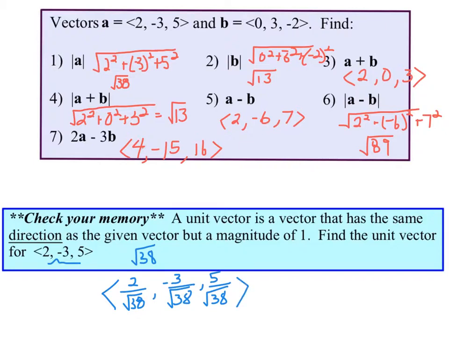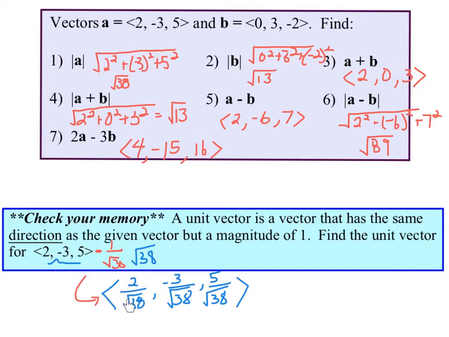Okay, so what I really did here was I took my original vector and I multiplied it by 1 over the magnitude. Okay, so there's why they have the same direction, because parallel vectors have the same direction. I was able to just multiply by that scalar and get this new vector. And it's not a proof, but it's a nice way to think about finding the magnitude of this.